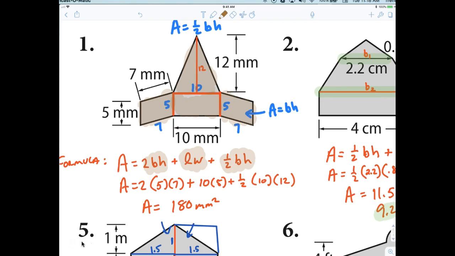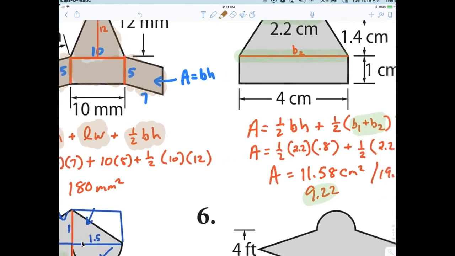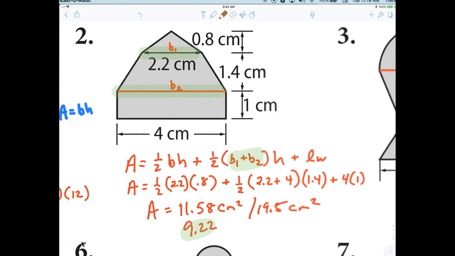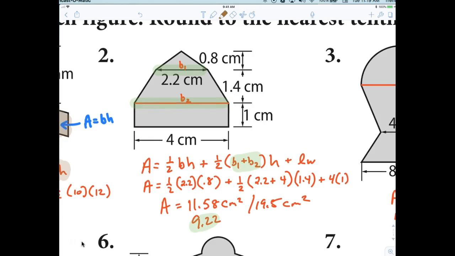All right, now let's take a look at question number 2. Number 2, you should see 3 shapes. What 3 shapes do we see? A triangle. Yes, you see a triangle, a trapezoid, and a rectangle.